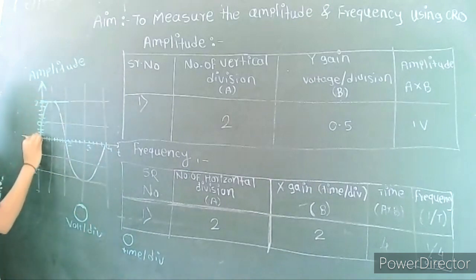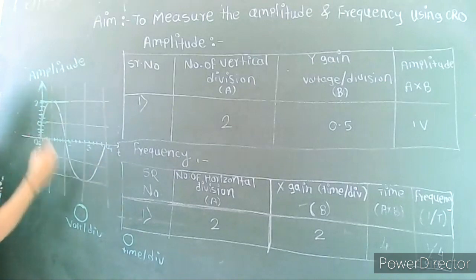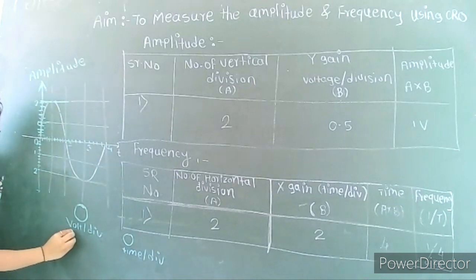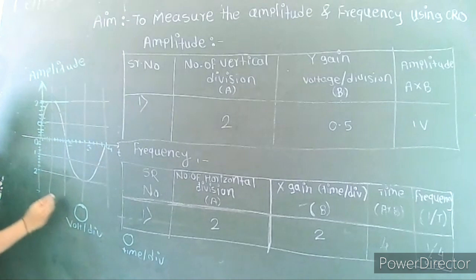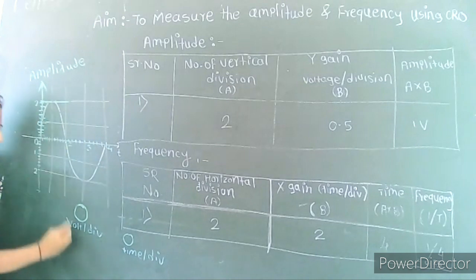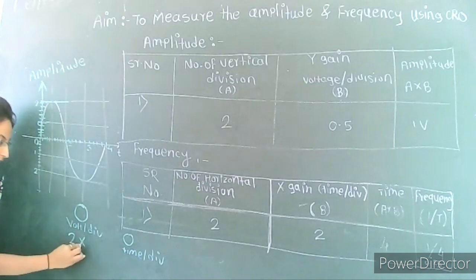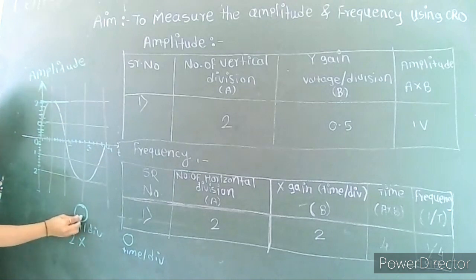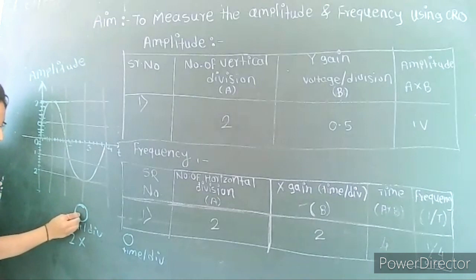These vertical blocks are 2 blocks. For the amplitude measurement, we have to multiply these 2 blocks with the voltage per division knob setting. Suppose this voltage per division knob is first set on 0.5 volt.